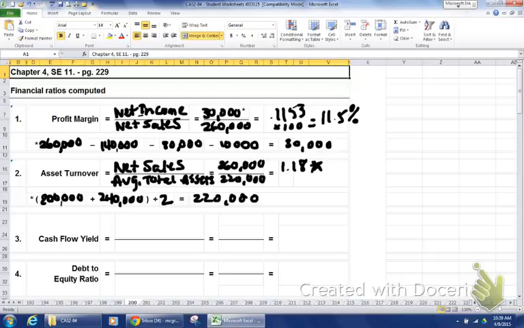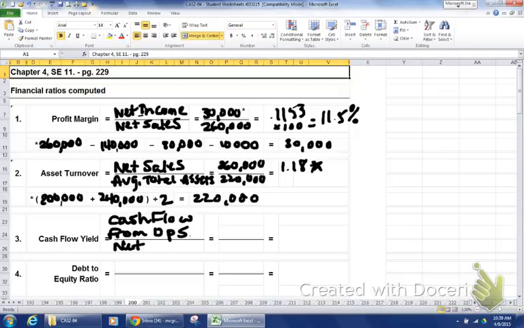Okay, well, the next ratio that we're going to analyze is the cash flow yield. And the cash flow yield measures how much a company's operations generate in relation to its net income. Again, we're going to look at what goes into this formula. In this particular case, our numerator is going to be our cash flow from operations, which would be on our cash flow statement.